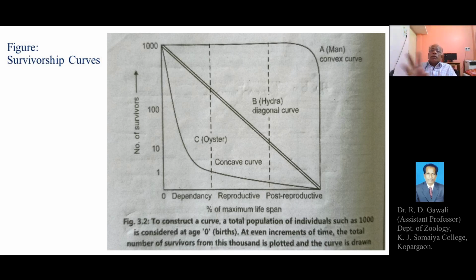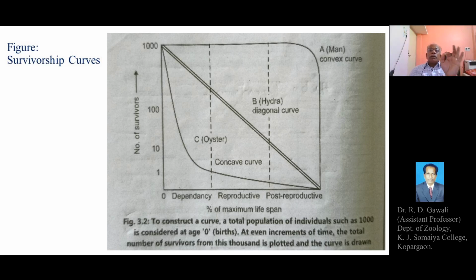So in the three steps, that is the period of dependency, the line goes down in the early life of the individuals, thousand individuals, out of which about 90% of the individuals die.